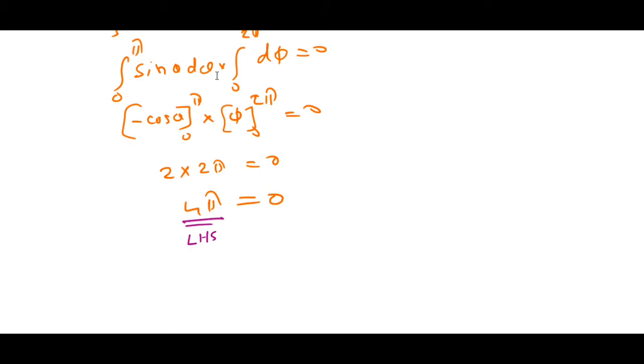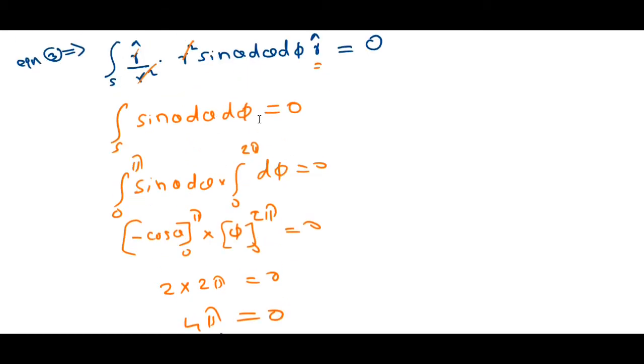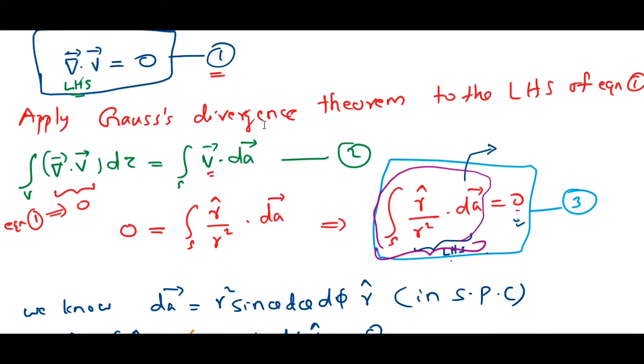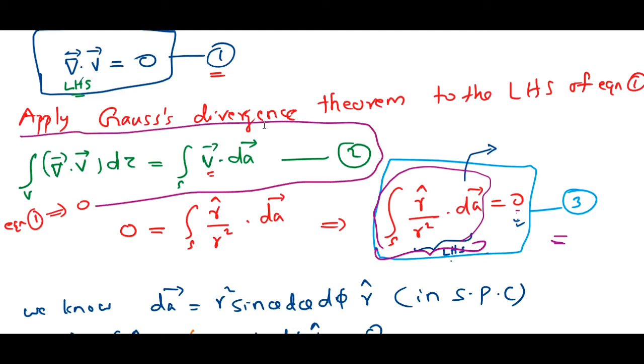Now we are sure that the LHS of equation 3, which comes from equation 2, gives a value of 4 pi.